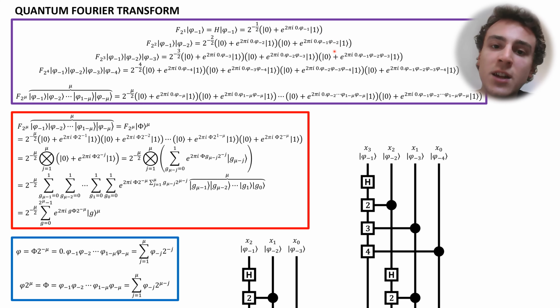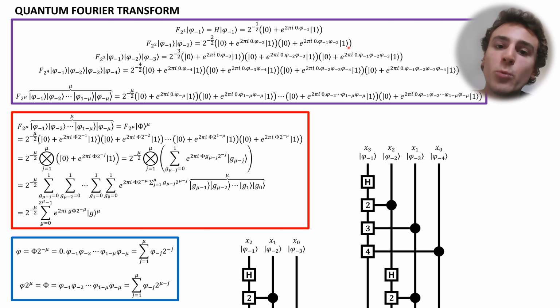So on the right, we have the full bit string that is used to specify the computational basis states for a 2-qubit system. We have phi sub minus 1, phi sub minus 2. But on the left, we chop off the first bit in that string. And so that means this phi sub minus 2 is now at the minus 1 place. So that corresponds to 2 to the power of minus 1. That's the power of 2 that is being shown in this binary fraction.